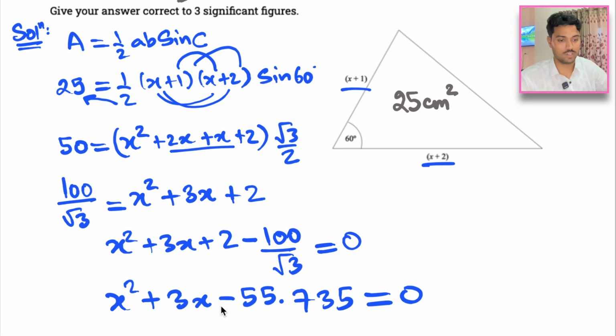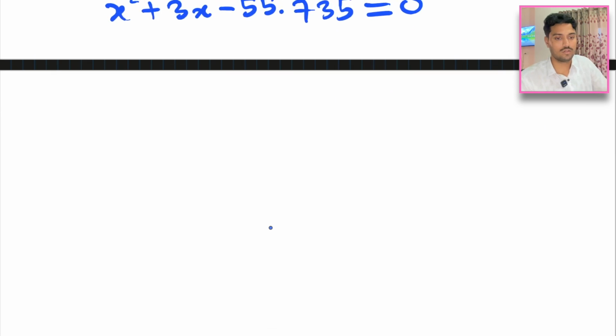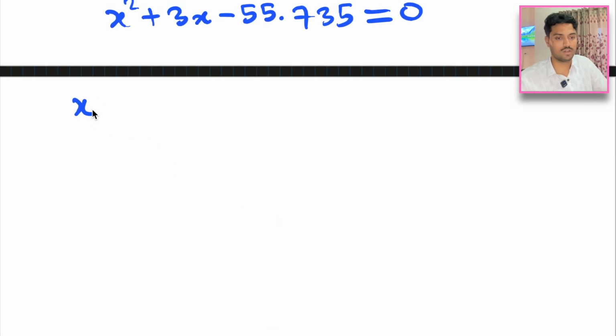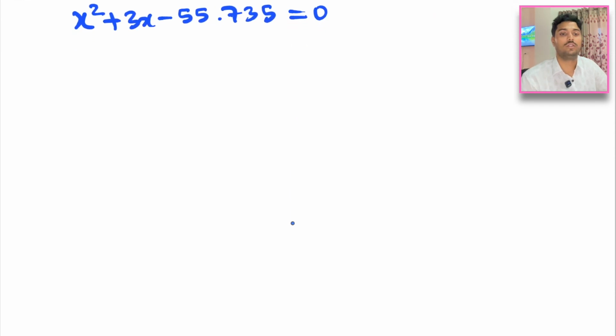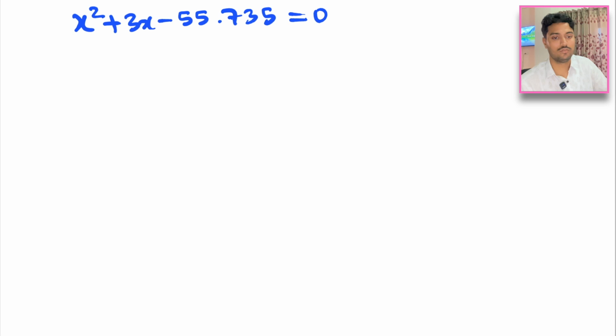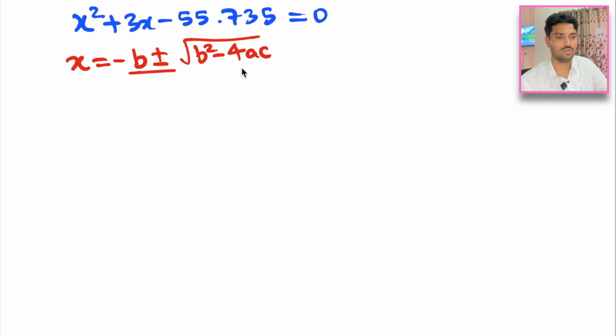Let me write it on the next page. We have x square plus 3x minus 55.735 equals 0. Now we can use the quadratic formula to work out the value of x, that is minus b plus minus under root of b square minus 4ac, divided by 2a.